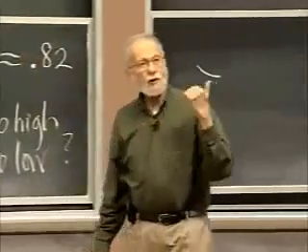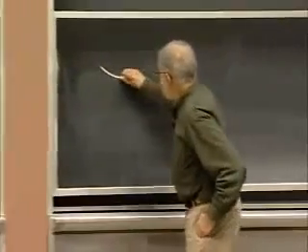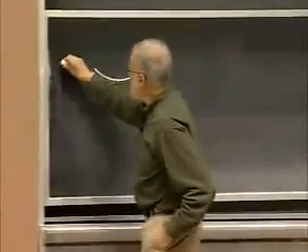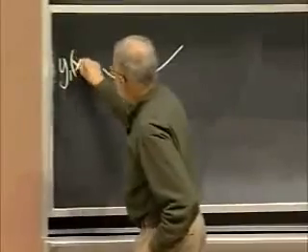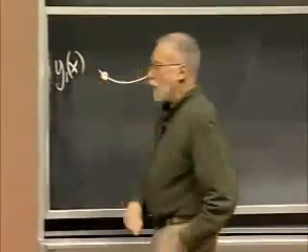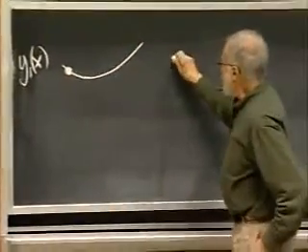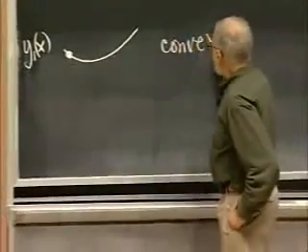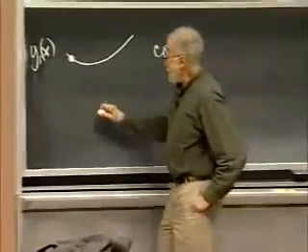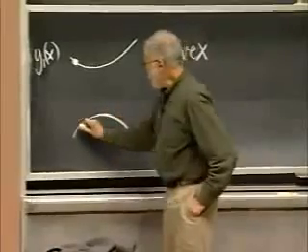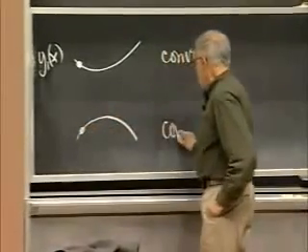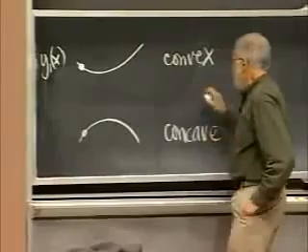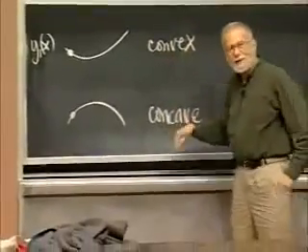Well, the critical question is, is the solution curved? So here's the solution. Let's call it y1 of x. And let's say here was the starting point. Here the solution is convex. And here the solution is concave. Right? Concave up, concave down, if you learned those words.